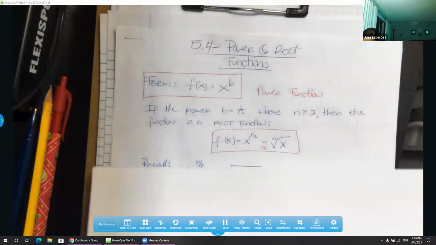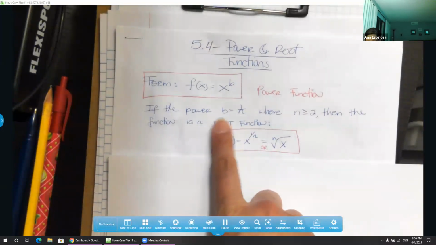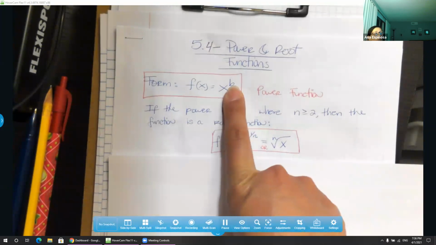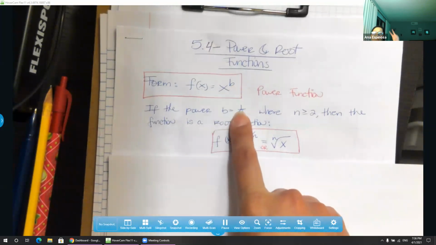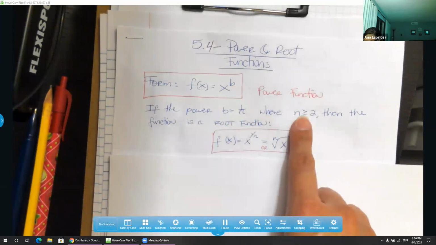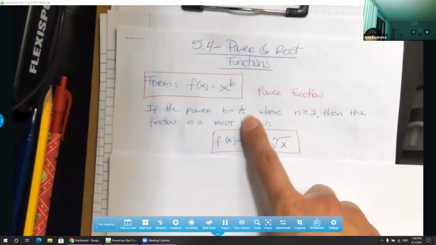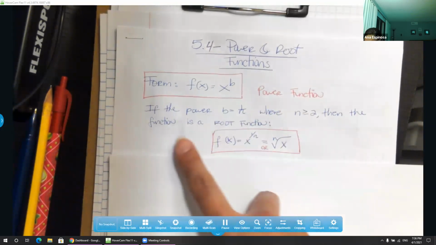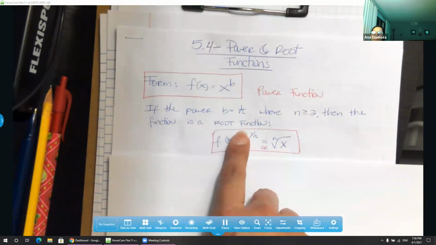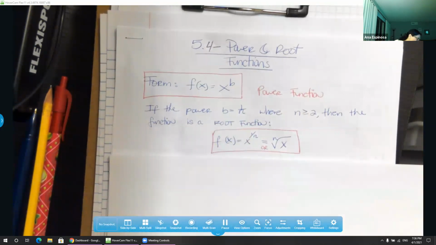Now, if the power, instead of a whole number, is a fraction where n is greater than 2, then the function is a root function. It means that anytime you have powers that are fractions, they become roots, which are basically radicals, and they are not necessarily square roots.